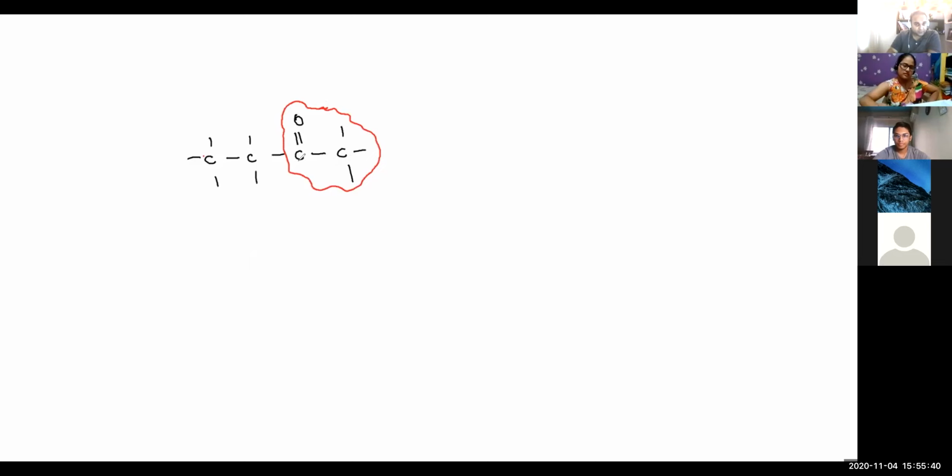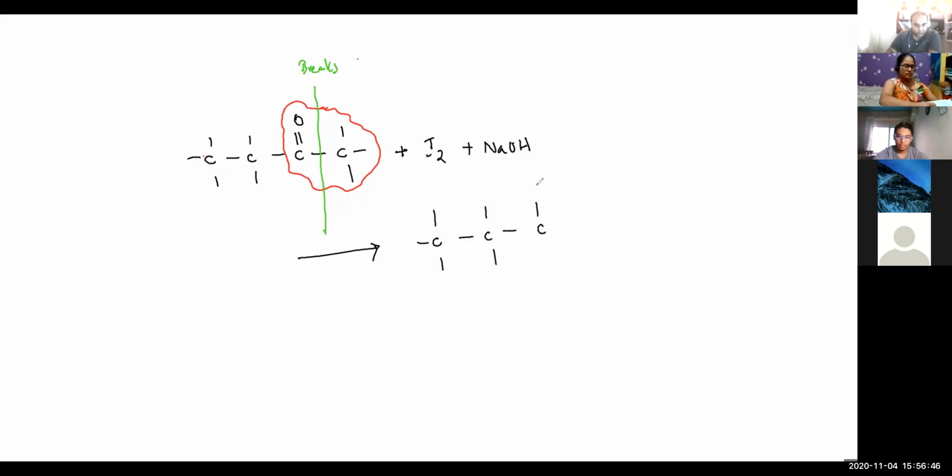The methyl ketone part will react. With this, when you add iodine and sodium hydroxide, this part breaks away. What are you left with? CH3, CH2, C double bond O, OH.